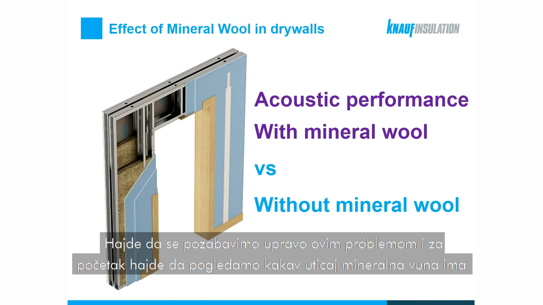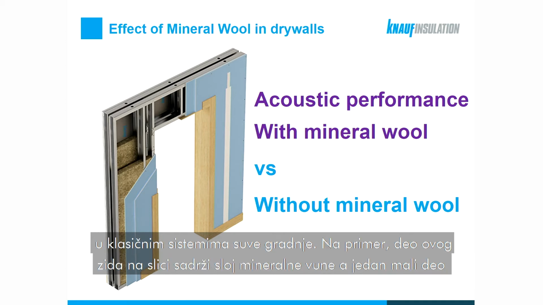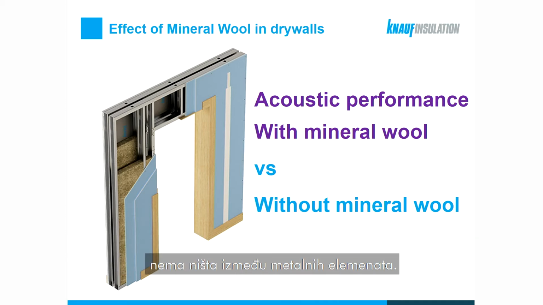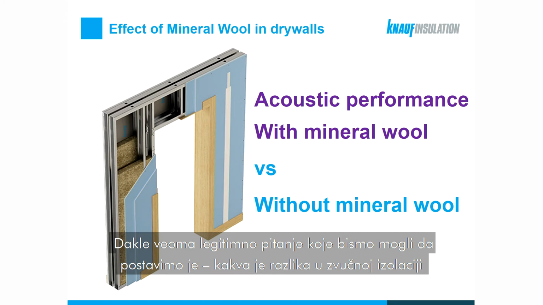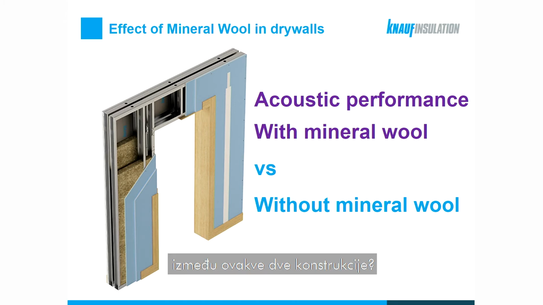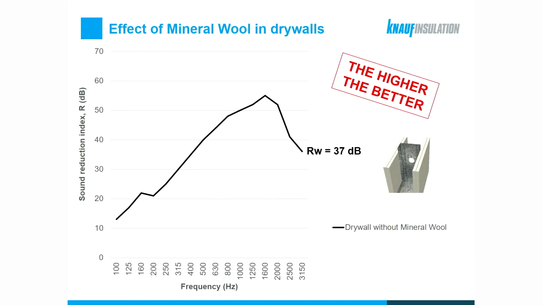So let's address exactly that problem, and for the start, let's look into the effects that mineral wool has in classical drywall systems. For example, part of this wall in the image has a mineral wool layer in the air cavity, and a small part has nothing between the steel elements. So the very legitimate question we can pose is, what is the difference in sound insulation between such two constructions?